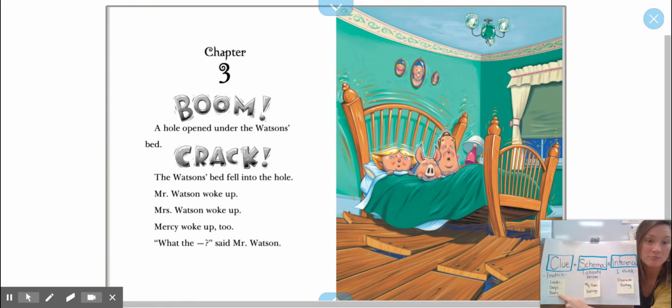That's something that happened. That's something that characters were kind of experiencing on that page. If my bed fell into a hole, how would I be feeling? Terrified, worried, shocked, surprised, all of those, right? So we can make inferences. The author never says on this page how they're feeling, but we can infer how those characters are feeling.